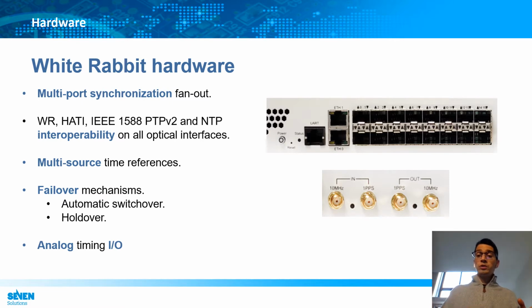Having multiple ports allows these devices to have multiple timing references coming to the device, and therefore we can have failover mechanisms to go from a time source to another in case of failure, or even to internal holdovers. So they are pretty similar to regular PTP devices.